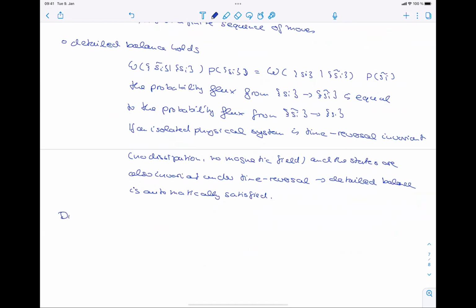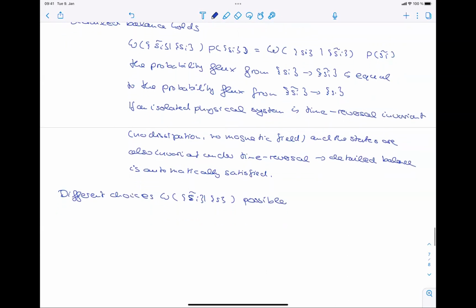For now, I will just quickly show you how some different choices for this transition probability S tilde are possible. Okay, and this is what I said all the time in designing: Markovian and detailed balance are easy to check.